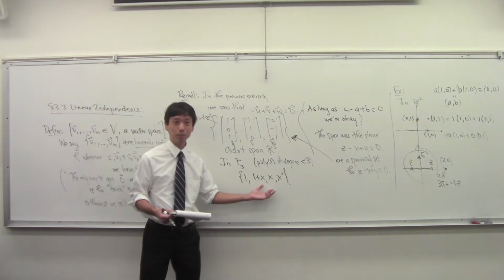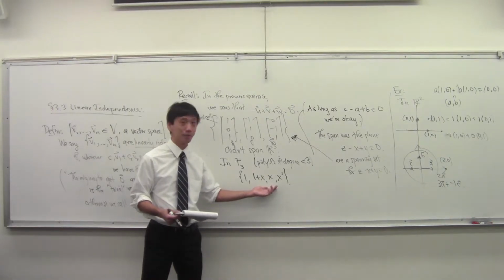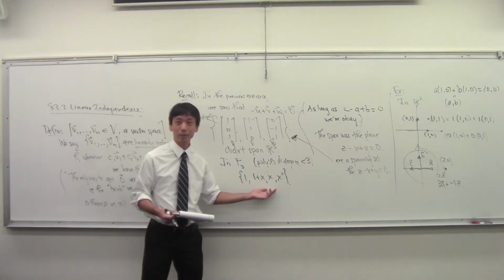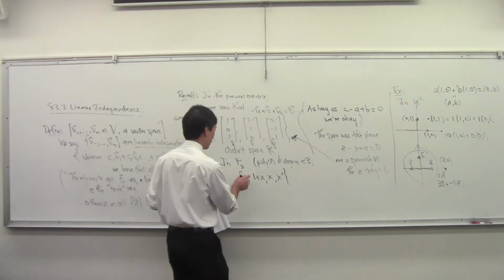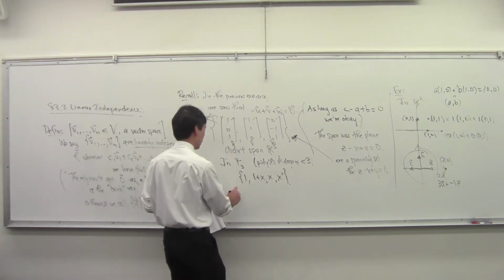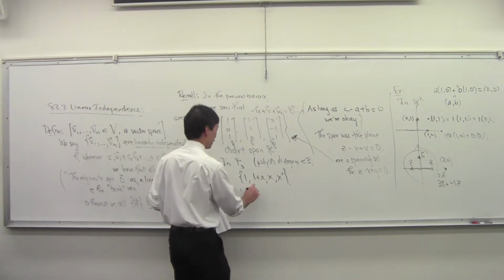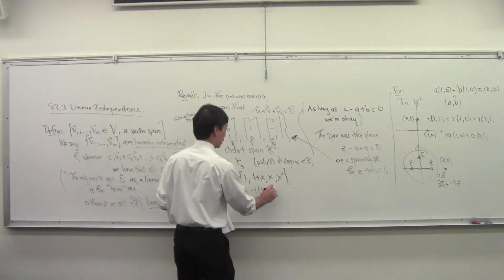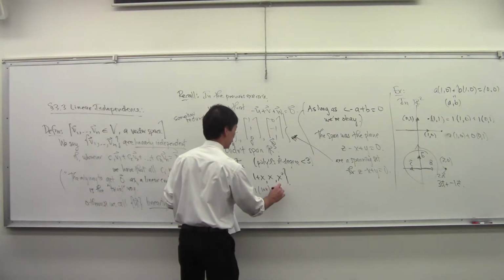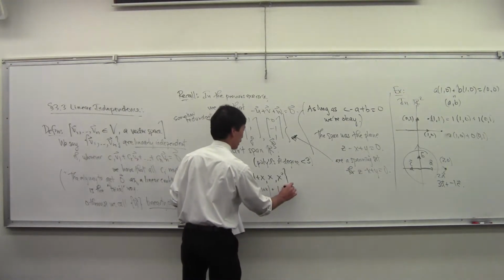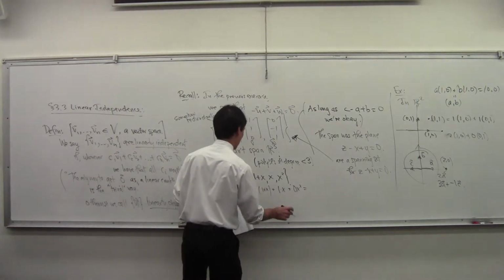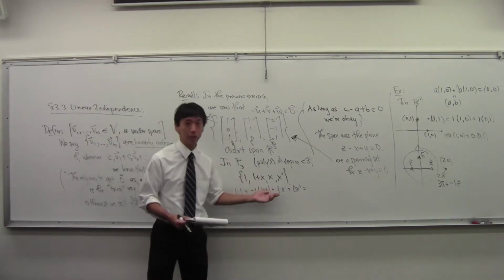Turn to your neighbor. Is it dependent? Is it independent? The answer is that they are dependent. They're dependent because I could take 1 of the first guy, and minus 1 of the second guy, and 1 of the third guy, and 0 of the last. And what I end up with is the function that's 0 everywhere.